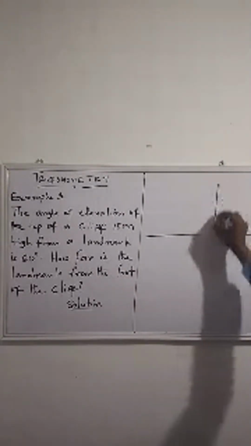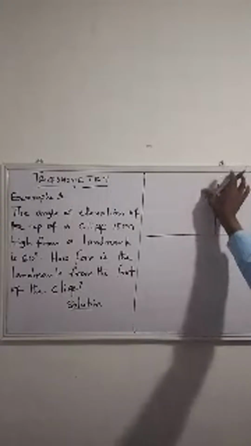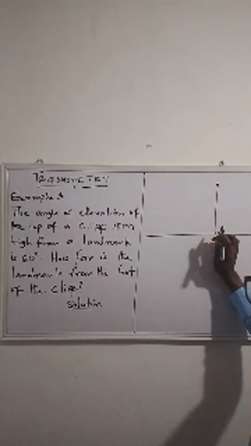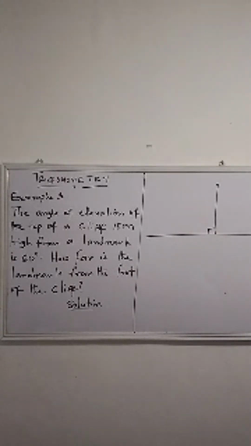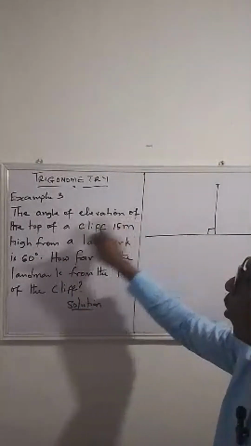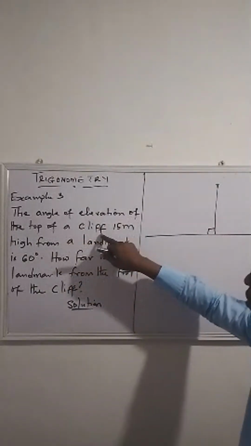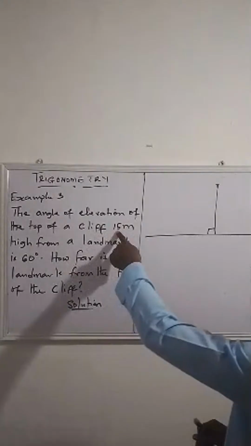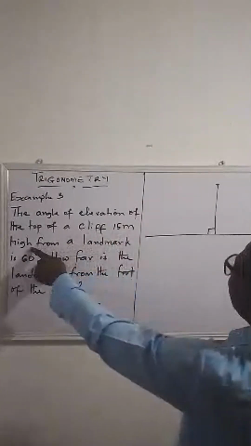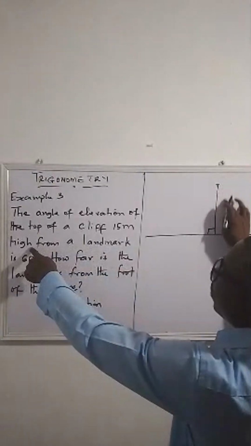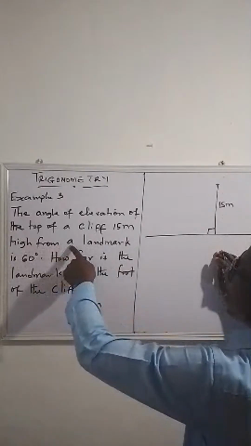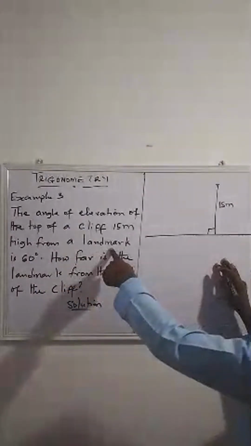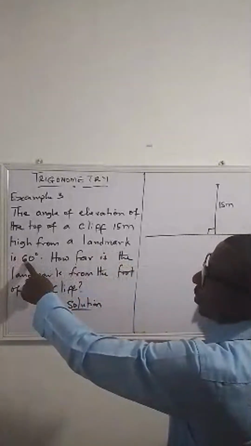We have a cliff, and let's assume we have a cliff of this form. A cliff is always at a right angle to the horizontal ground, so we have your right angle. The angle of elevation of the top of the cliff, which is 15 meters high, from a landmark is 60 degrees.